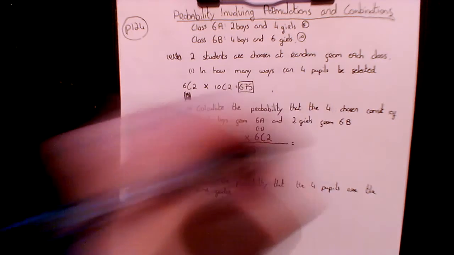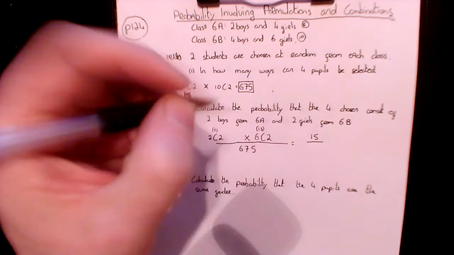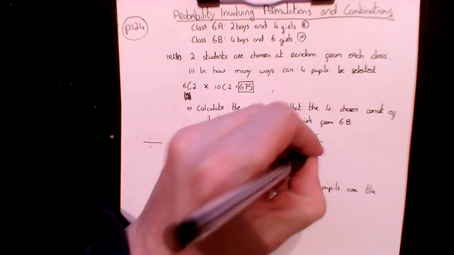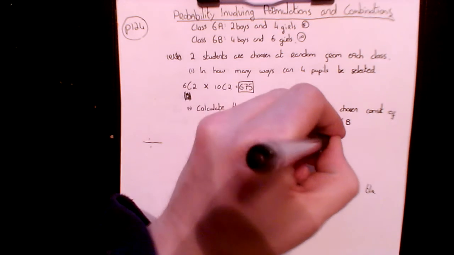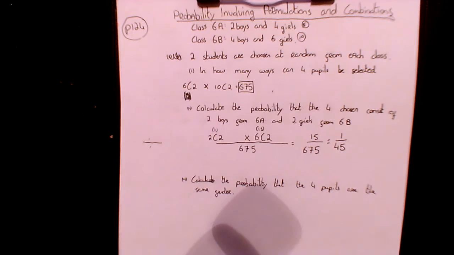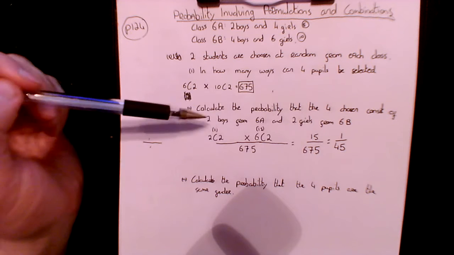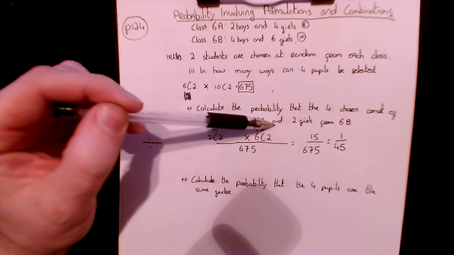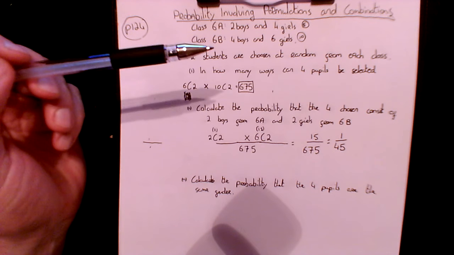So my answer is 1 multiplied by 15, which is 15 over 675, which equals 1 over 45. So I have a 1 in 45 chance of choosing 2 boys from 6A and, remember it's the AND rule, 2 girls from 6B.